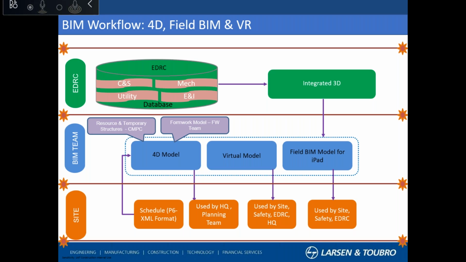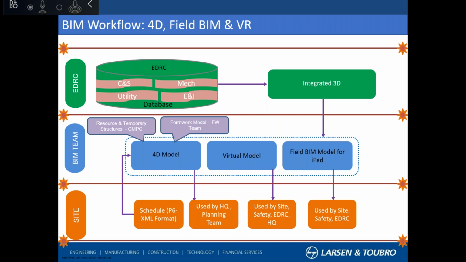Now, if you see my workflow for site BIM implementation, in this structure we get the integrated 3D models from the engineering team. That model we use for 4D, virtual reality and field BIM purposes. So the project team provides the project schedule and integrated model.